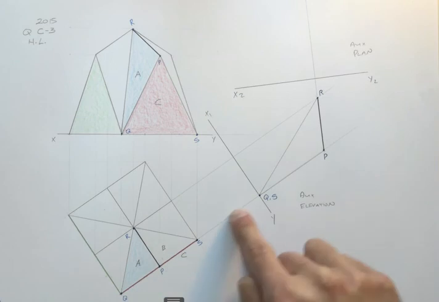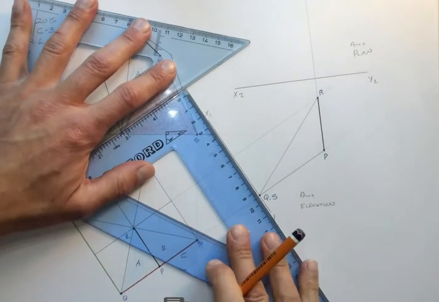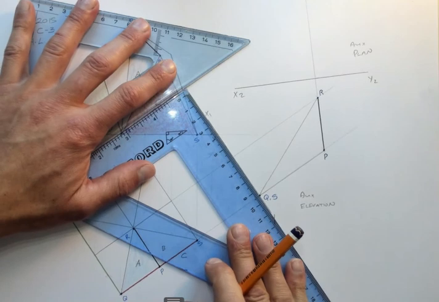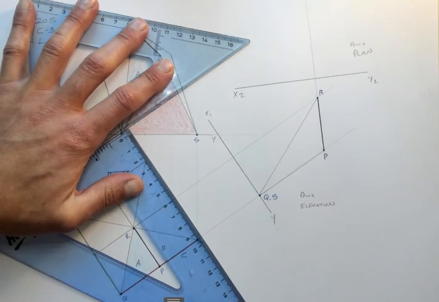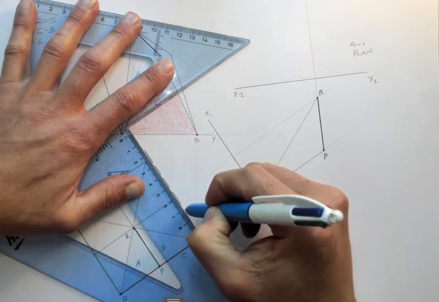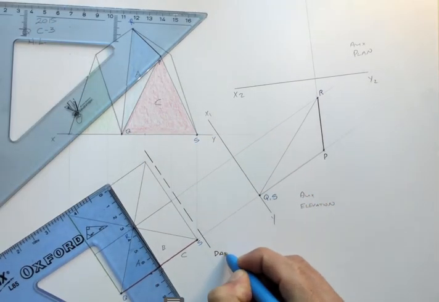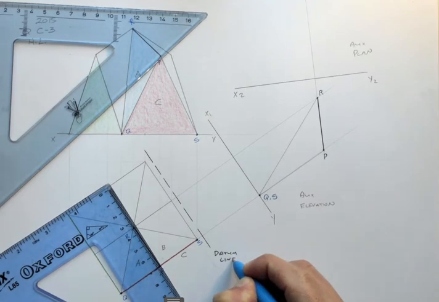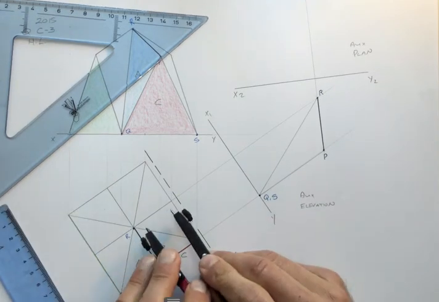That distance is huge. So as always, we drag back the X1, Y1 line. And we call that the datum line. And we can put it as close to the drawing as we want. We can put a touch in the drawing, but I'm not going to because it confuses some people. So there's our datum. And now we can come along and find the points.